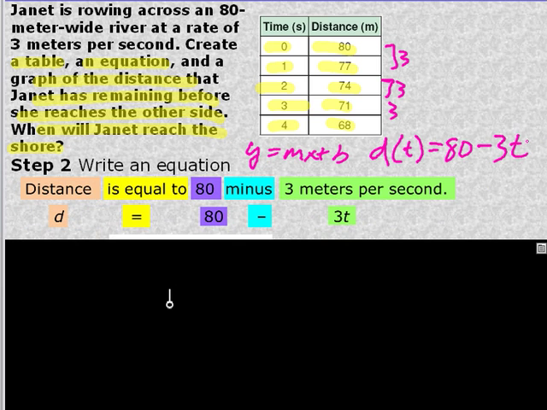So again, it's a little bit different because we're not looking at how many meters we've actually been rowing, but we're looking at how many meters we actually have left.